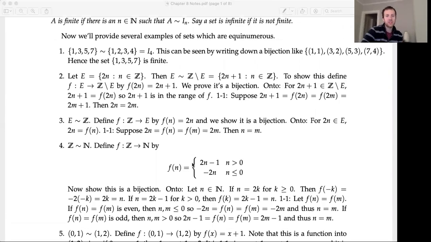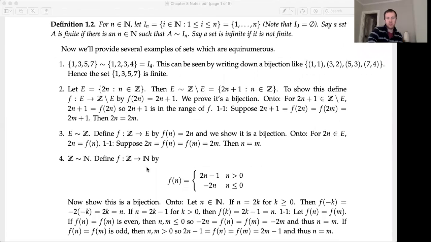To keep the kind of strange examples going, the integers are equinumerous to the natural numbers. So here this is saying if you start at 0 and go up, you have the same number of things as if you included all the negative numbers too.